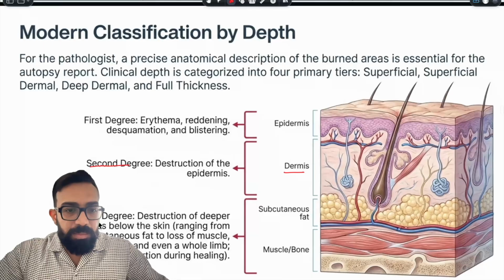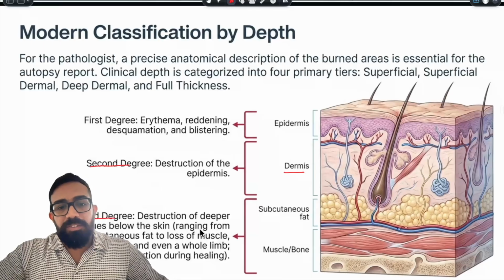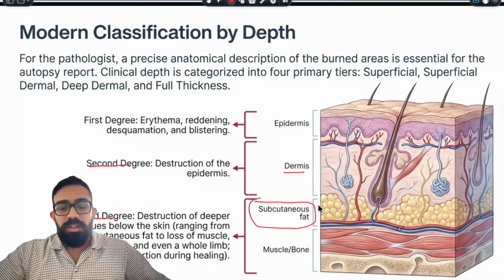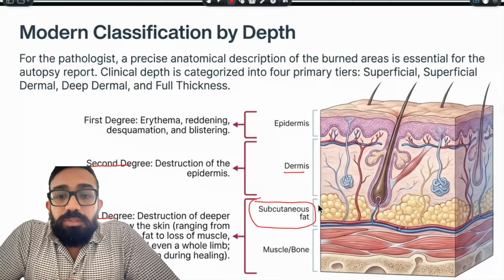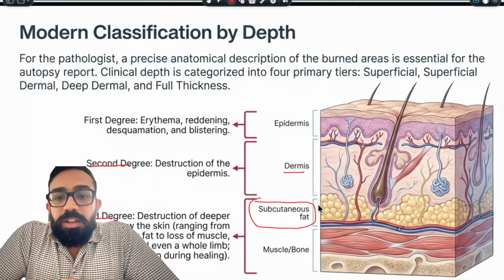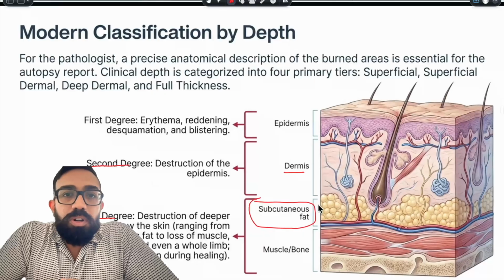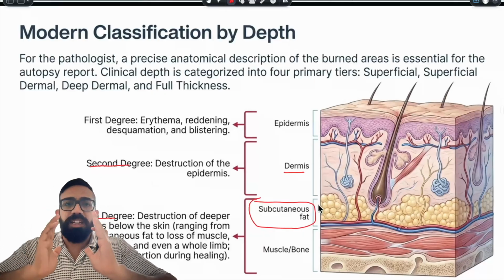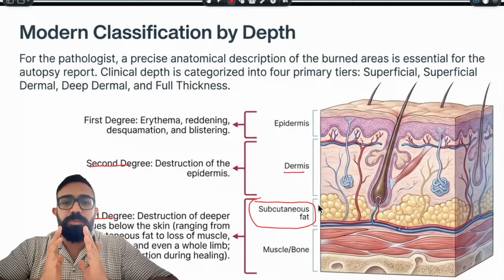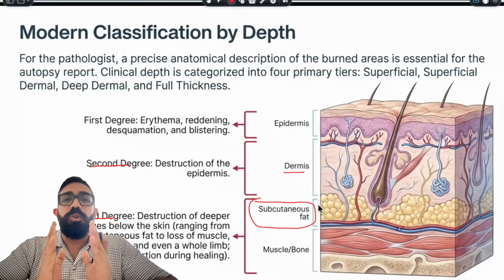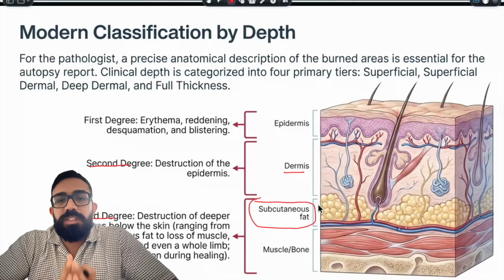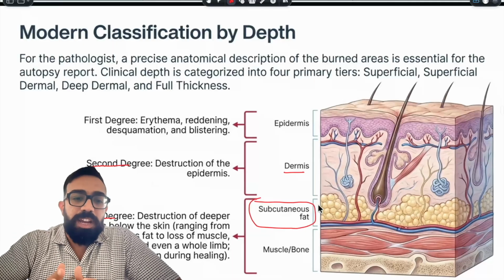And we say a burn is third degree whenever there is involvement of subcutaneous fat. Sir, if there is involvement of subcutaneous fat but not bone or muscle, then what is it? Basically, the practical funda is that once the subcutaneous fat is involved, bone and muscle are bound to get involved. 99% they are bound to get involved. Why?